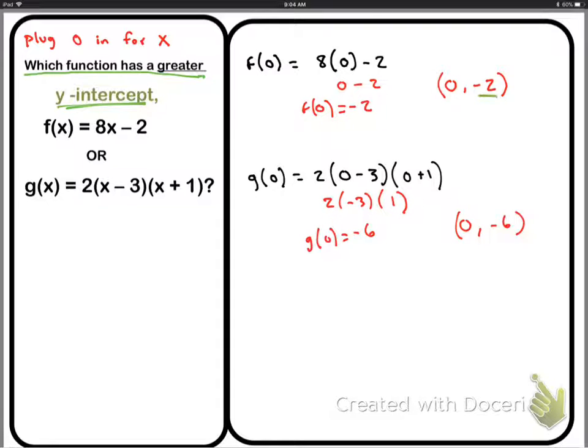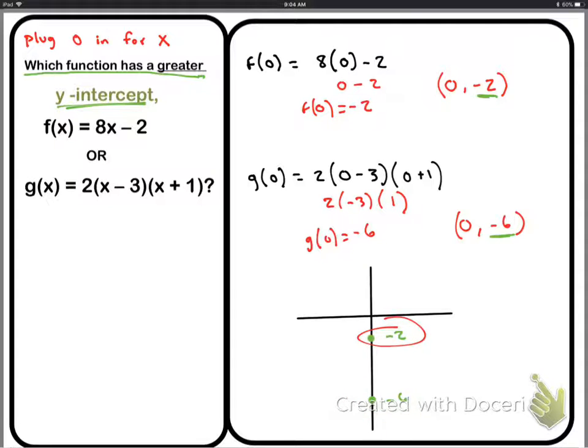Now we need to compare them. So this y-intercept is at negative 2. This one's at negative 6. If we look at it on a chart, if you're having trouble determining which one is the greater y-intercept, if we were to plot these 2 points, let's say negative 2 is here, negative 6 is here. Whichever one is higher up on the axis is going to be the greater y-intercept. So negative 2 is the higher one. Right, negative 6 is down here.